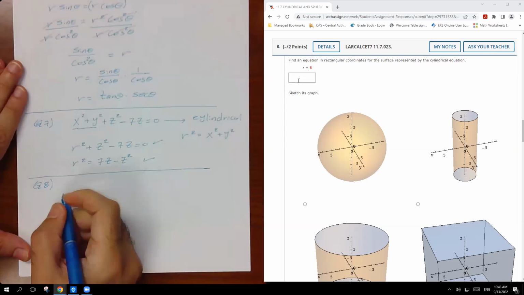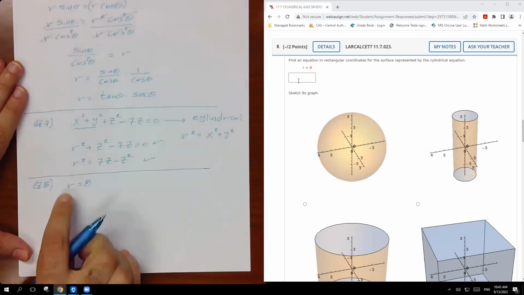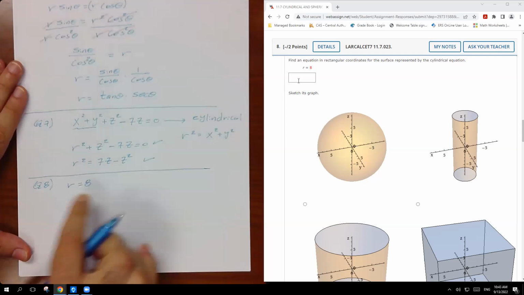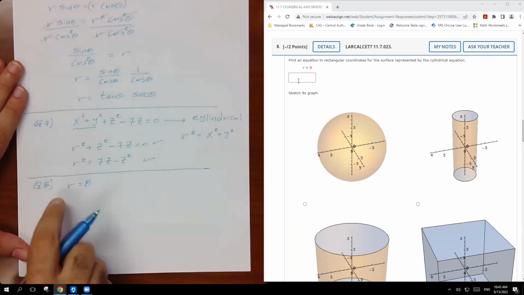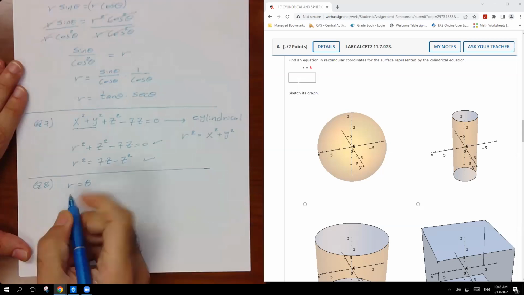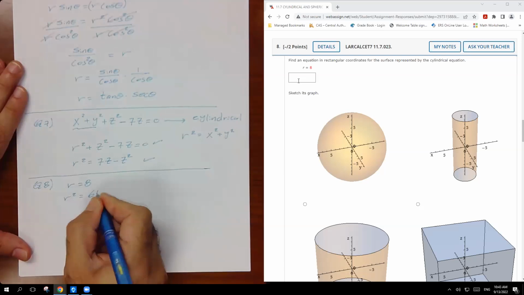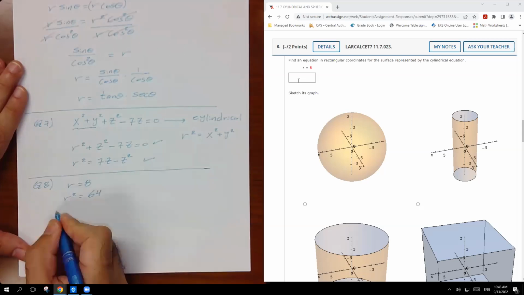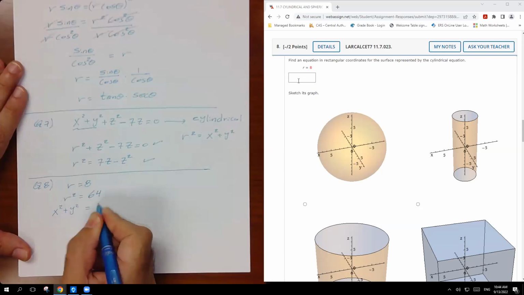We just have r equals 8. I'm going to square both sides. If you don't square both sides, you have to use the square root of x squared plus y squared. So r squared equals 64. That means x squared plus y squared equals 64.